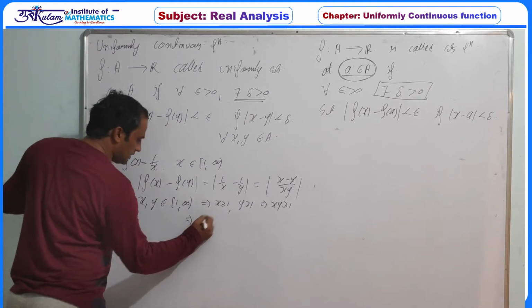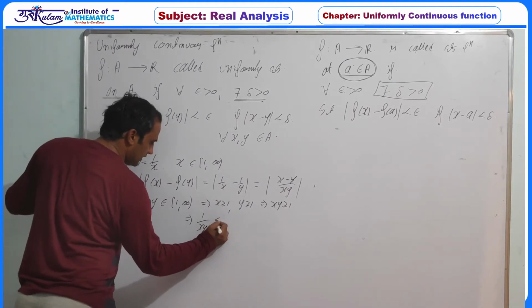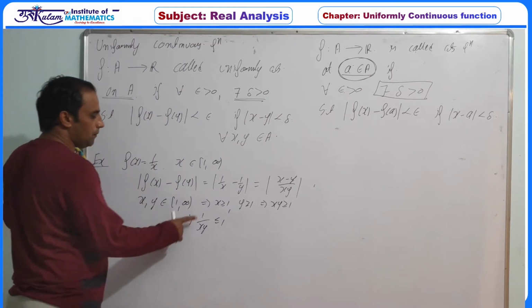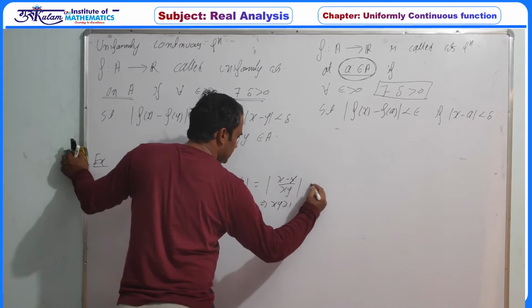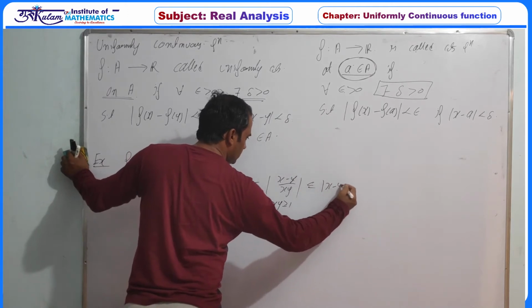So 1 upon x into y is less than or equal to 1. If we replace 1 upon x into y with 1, this quantity is less than or equal to mod of x minus y.